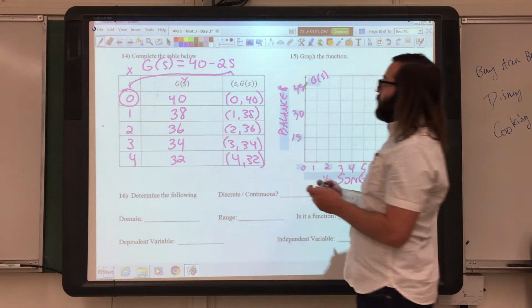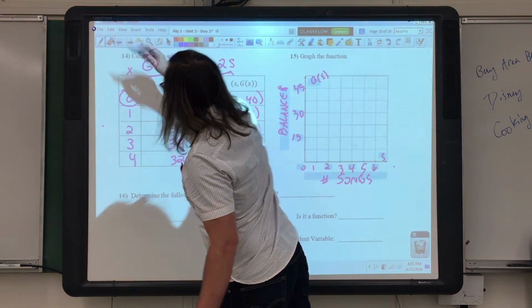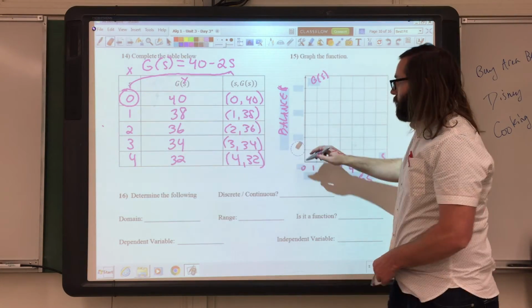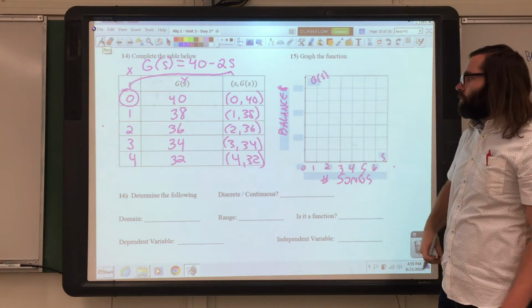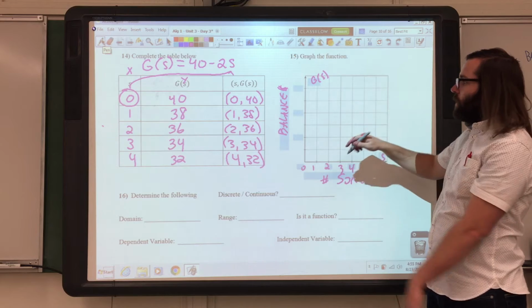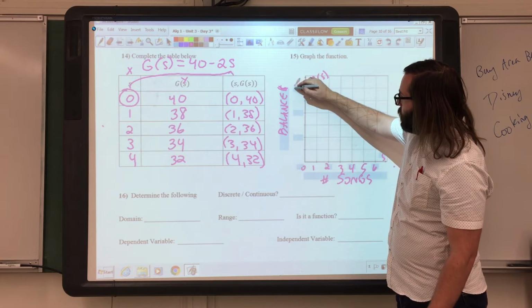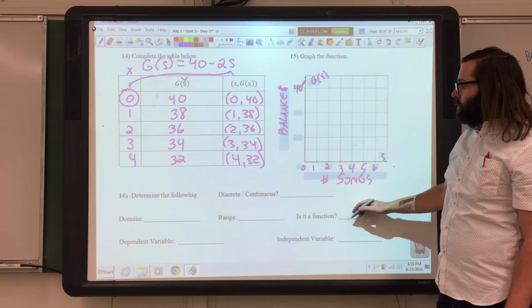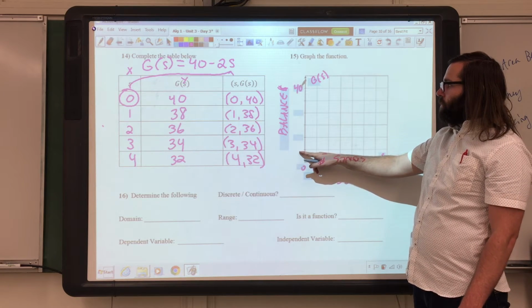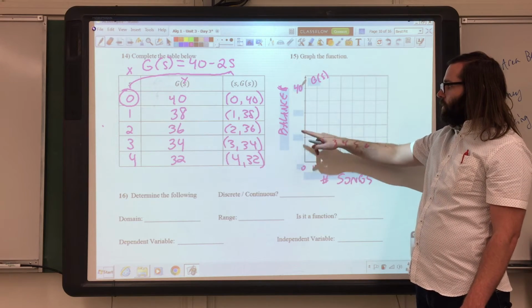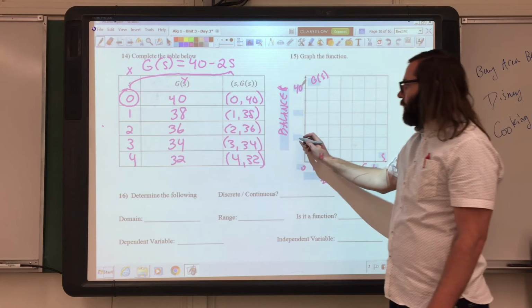And if we want to be really zoomed in, we could put 40 right here and maybe 32 down here. So 40, 38, 36, 34, 32. That's even better.